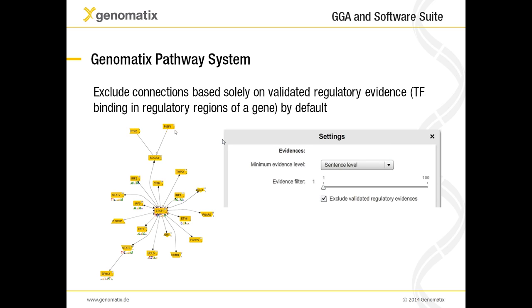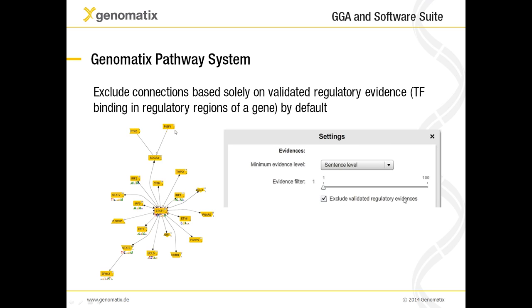In previous versions, you could have connections that are based only on these ChIP-seq data without any other evidence coming from the literature. And in the new version, this option is deactivated by default. You can still activate it if you like to, and you find this in the settings actually.